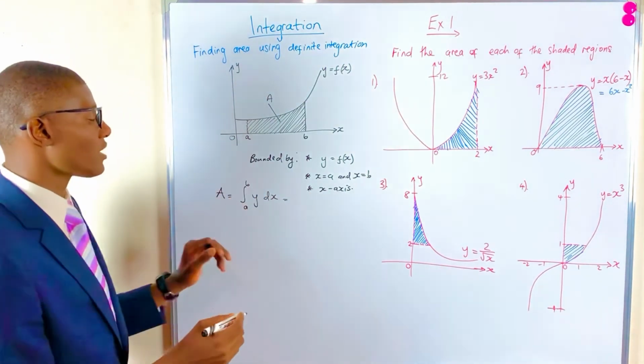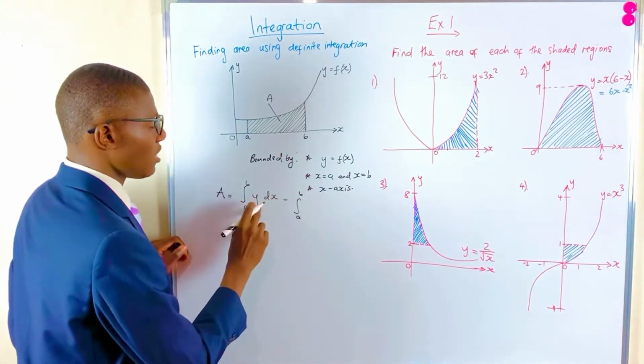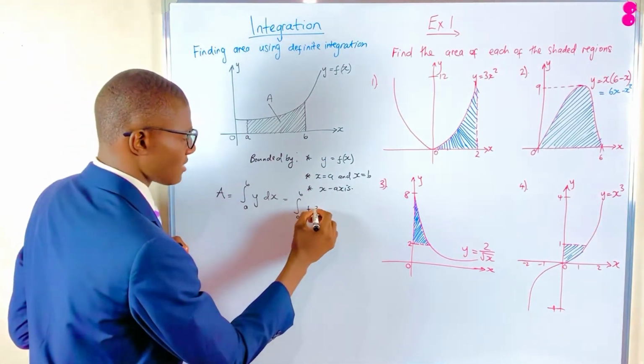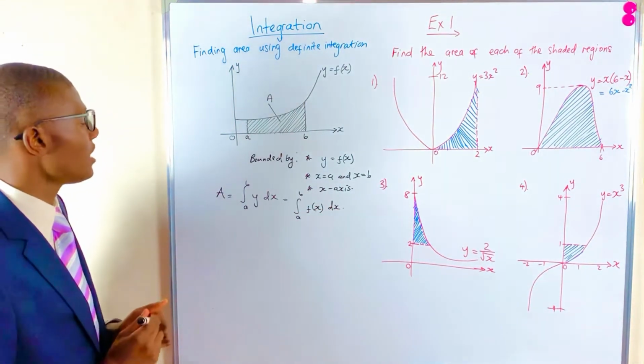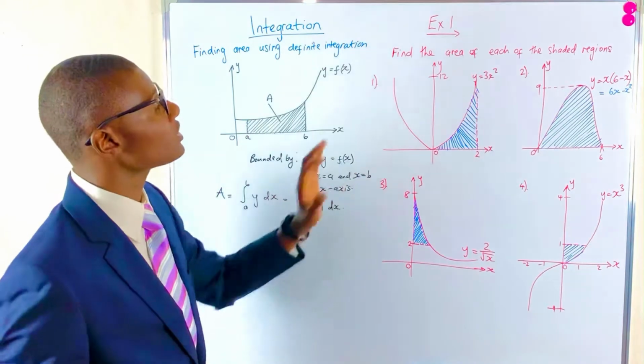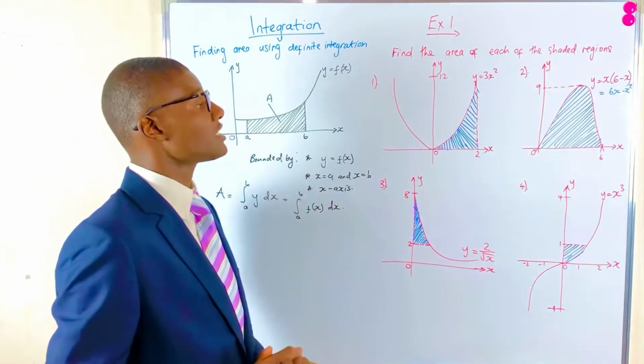As well, we know that this is the same as saying the integral from a to b of y, being f of x, with respect to x. Such that now let's attempt the first question, which requires us to find the area of the shaded region.